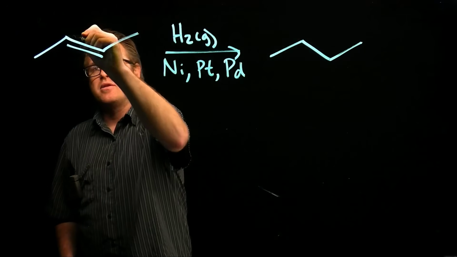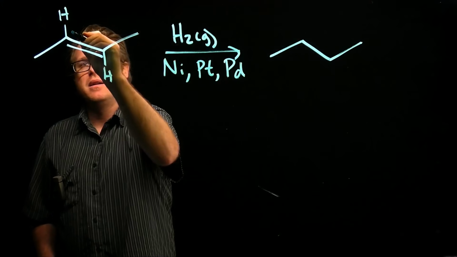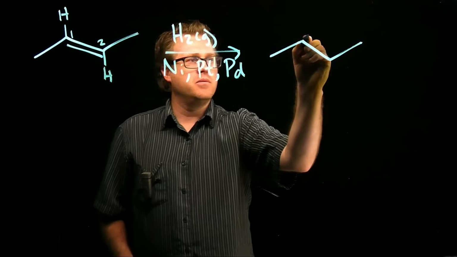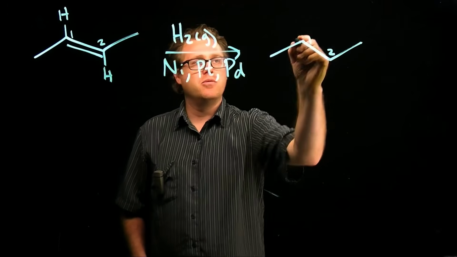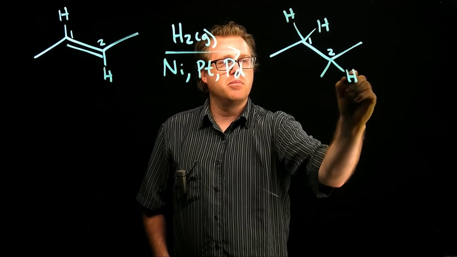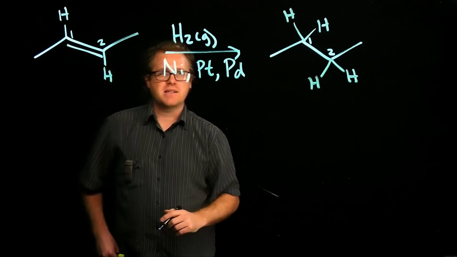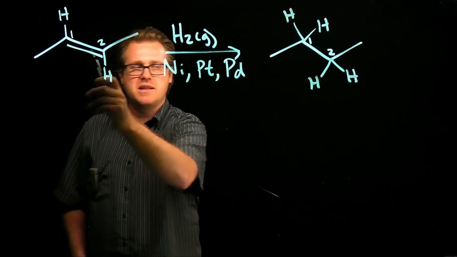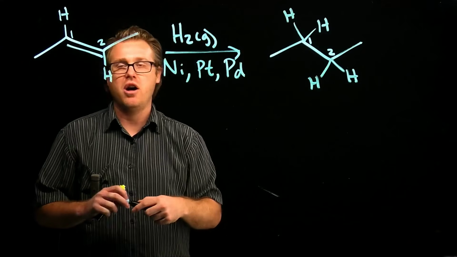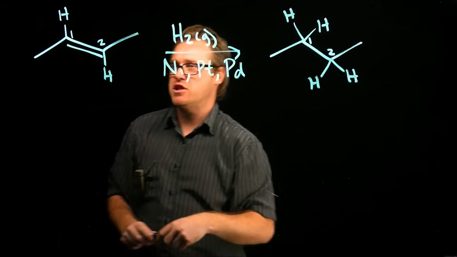So you can see that there's one hydrogen there, one hydrogen there. And if we label those carbons 1 and 2, what has happened? We have added a second hydrogen to both of those carbons. And this process of reducing this double bond, because reduction also means when you are adding hydrogens, that's a reduction.